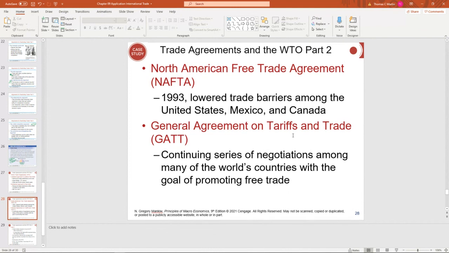The General Agreement on Tariffs and Trade is a continuing series of negotiations among the world's countries, promoting free trade, but it has to be free and fair. I can tell you, let's say you're delivering produce to Martinville, or whatever I want to name the country, Martinia.